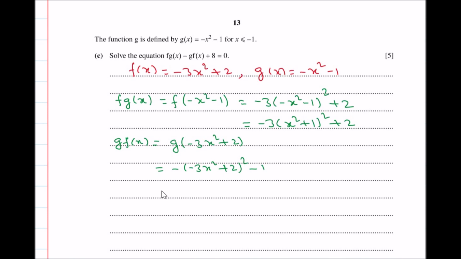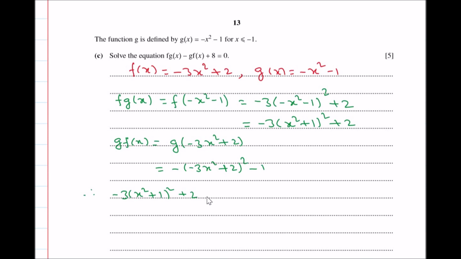Okay, now let us expand this. Or you can substitute the value. Let us put, then we will expand this. Now let us put the value in the equation. So we have f g x. f g x is minus 3 into x square plus 1 whole square plus 2.